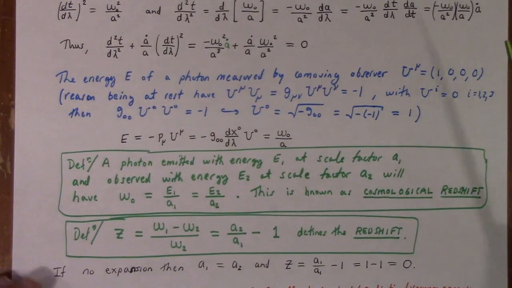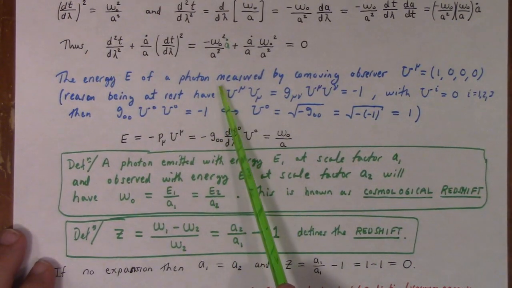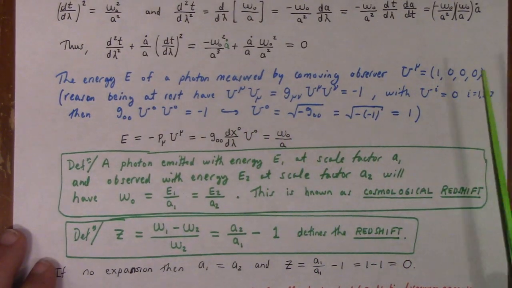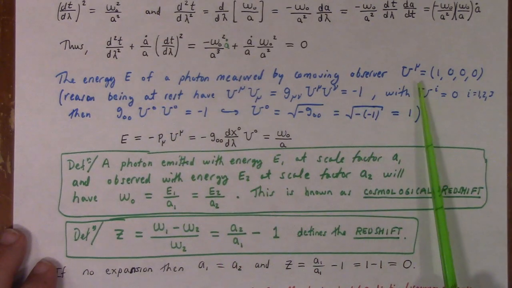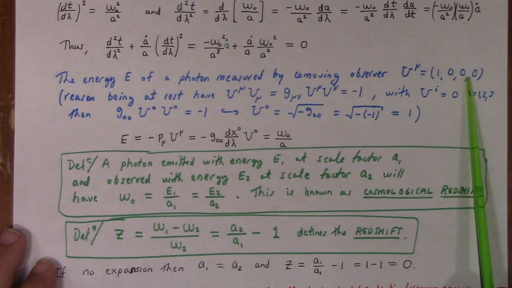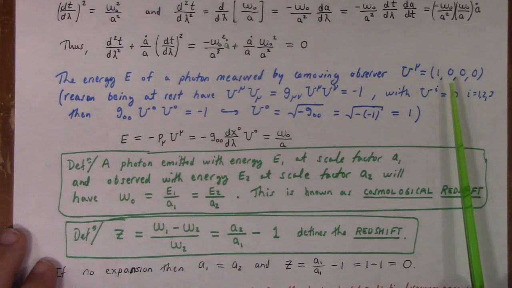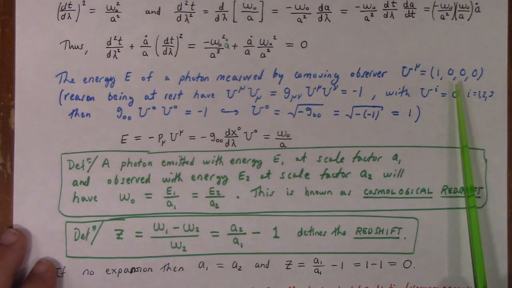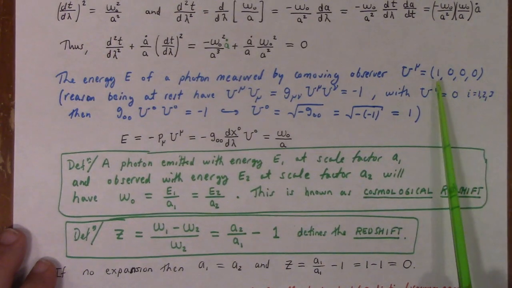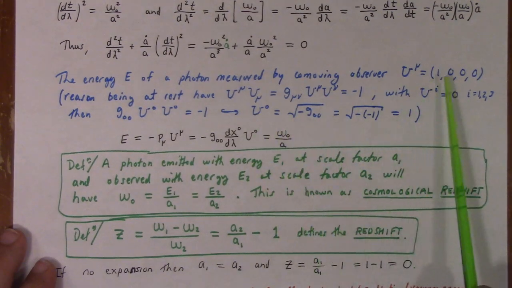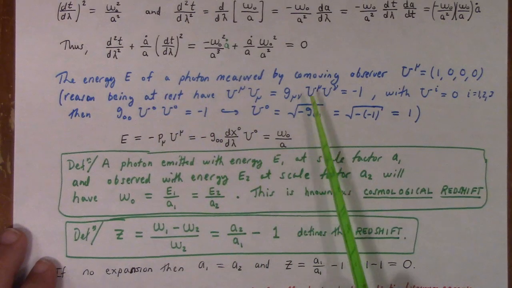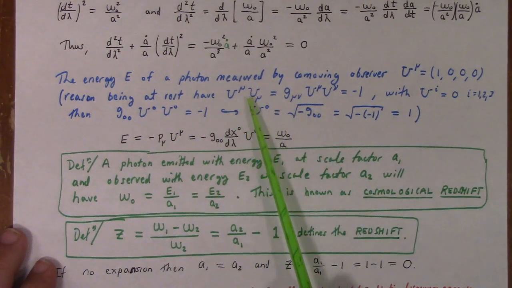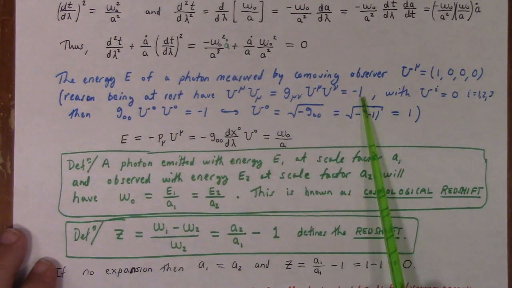So the energy E of a photon, measured by a co-moving observer in this expanding universe model, right? So the proper velocity should be (1, 0, 0, 0). And Carroll's point is that this isn't entirely obvious, because we had to put it to be that, since we wanted it to be at rest, and something's at rest if its proper velocity squares to -1.